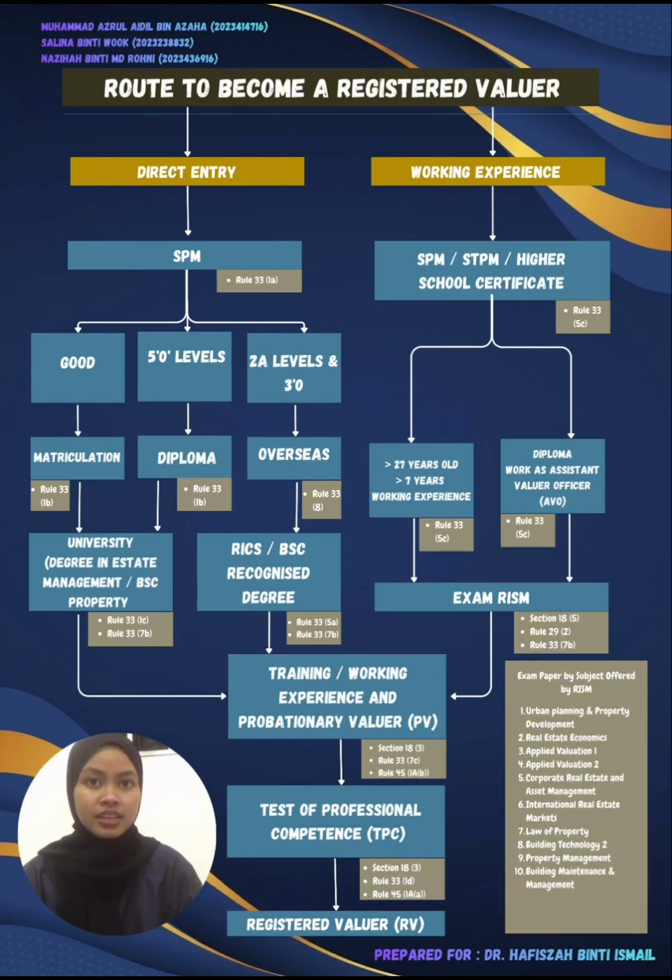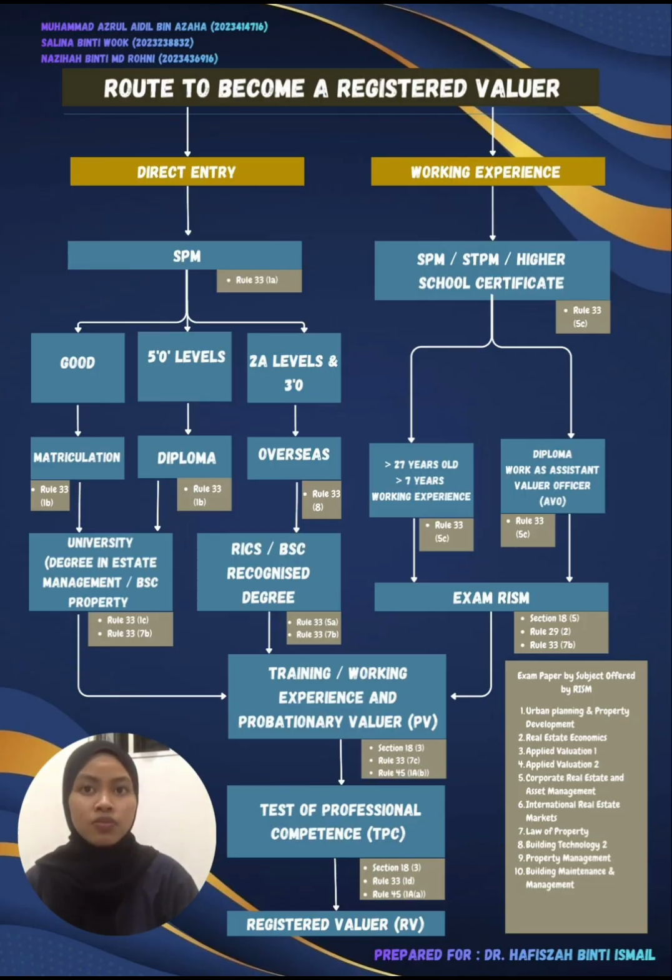For local candidates, the direct entry route begins at the SPM, matriculation or diploma level in property-related fields. Candidates may then proceed to obtain a bachelor degree in estate or real estate management at a local university, which typically takes 3 to 3.5 years.